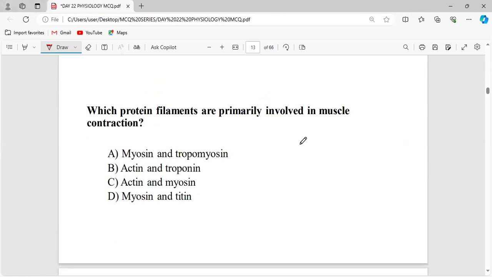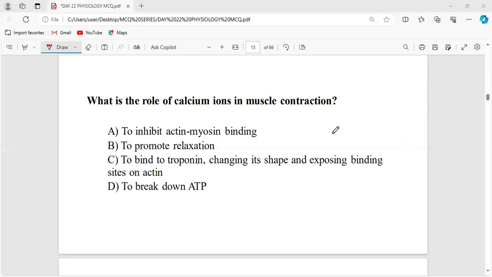Good. Which protein filaments are primarily involved in muscle contraction? We can say this is actin and myosin. Good.